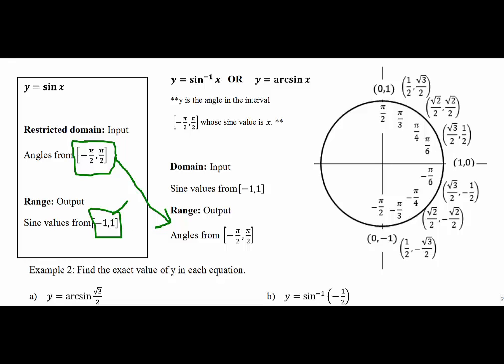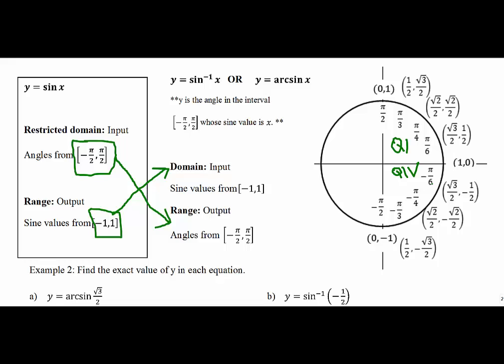And the original output values now become the input values. So the domain and range now switch places. When we put any sine value into the inverse function, the angles that come out will come from quadrant 1 or quadrant 4.